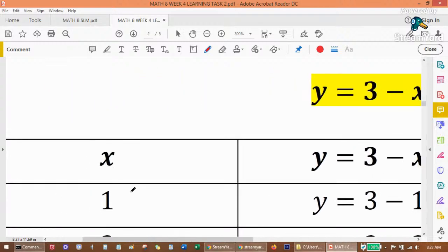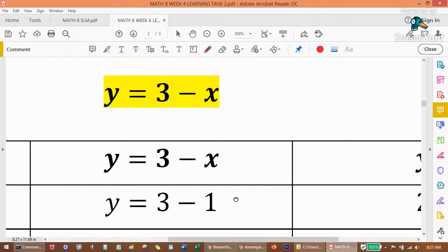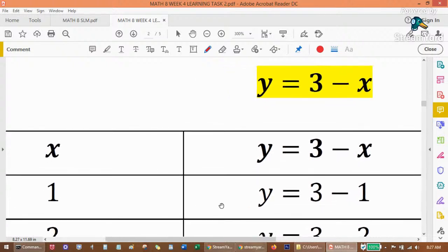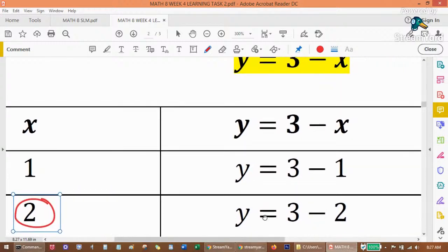Okay, so kapag ang x is 1, y is 2. Kapag ang x is 2, ito yung formula natin. Papalitan natin tong x ng 2. Kaya magiging 3 minus 2.